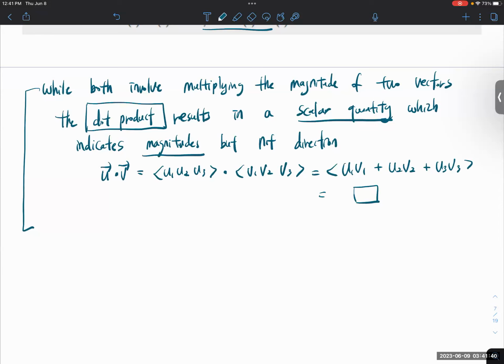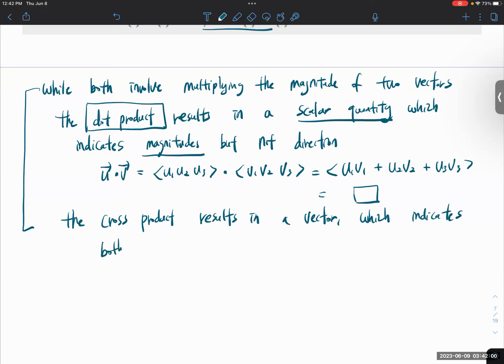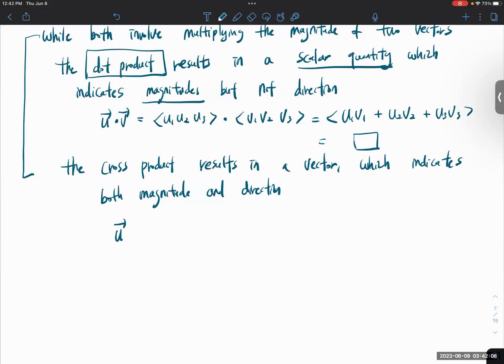Same thing but different: the cross product results in a vector, which indicates both magnitude and direction. So we have, let's say, the u vector cross the v vector.